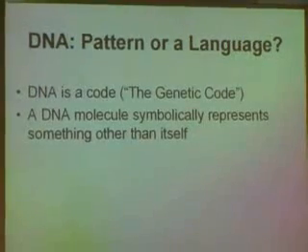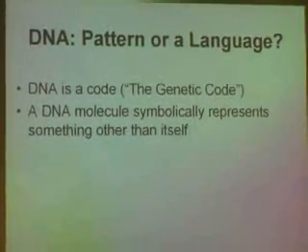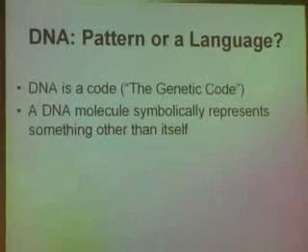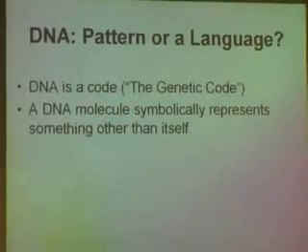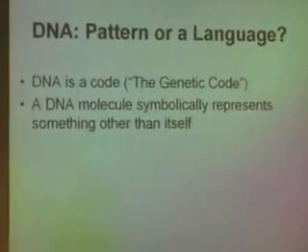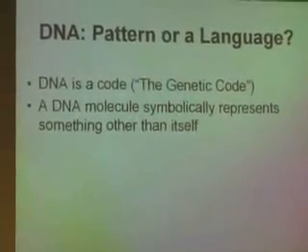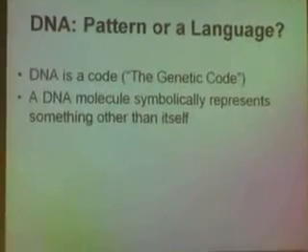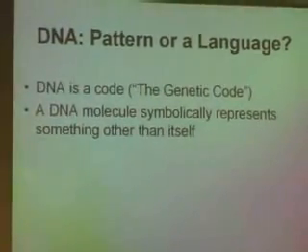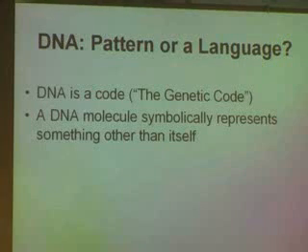And the instructions tell a cell how to build a leg, a claw, an arm, a wing, an eye, just like your watch might have instructions to beep at you at 7:30 in the morning.